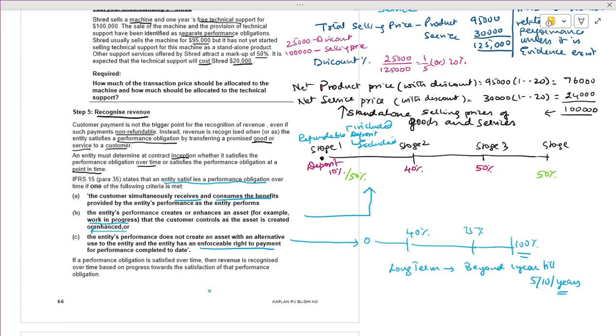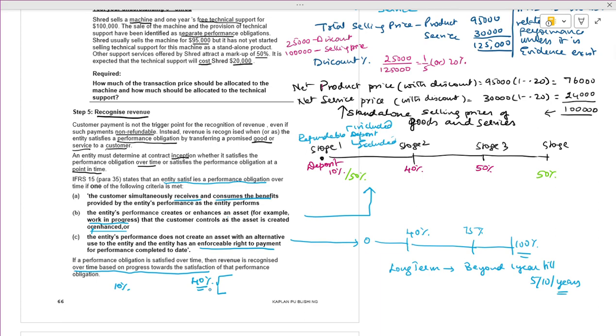If the performance obligation is satisfied over time, then revenue is recognized over time based on the progress toward satisfaction. What do they say? If performance is 40%, recognize 40% only. If performance is 100%, take 100%. If performance is 20%, take 20%. Again, in this, what will happen? Assume they are giving a discount of 10%.